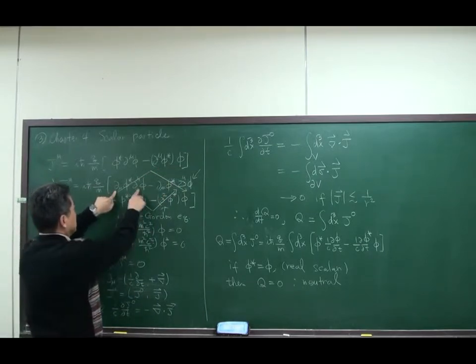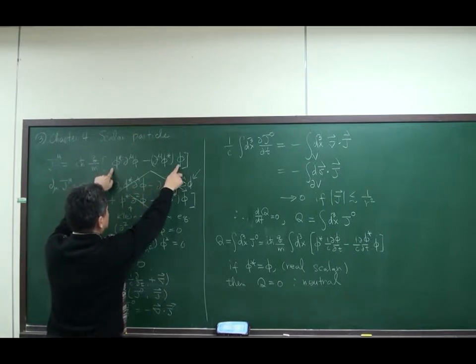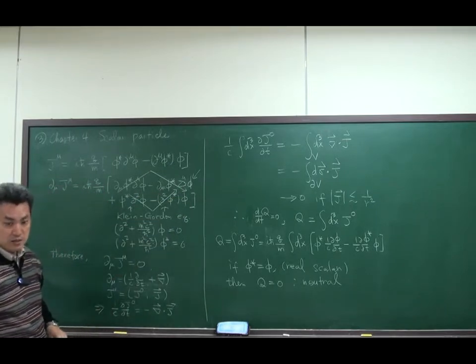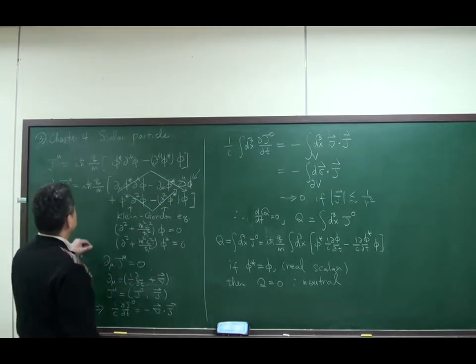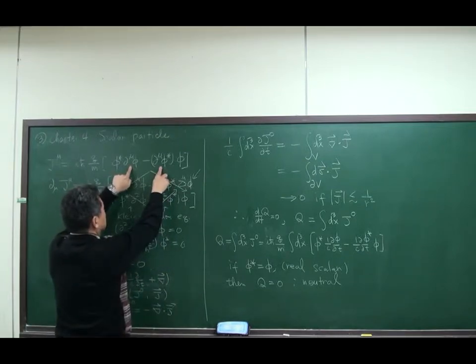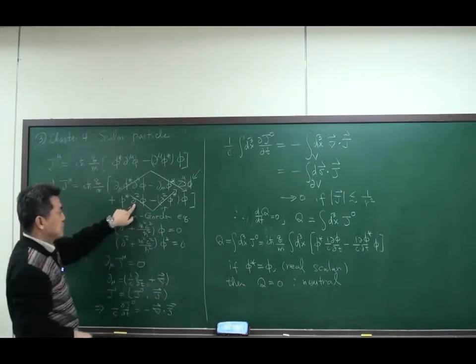There are products of single derivatives. If I take the derivative here and there, I have this term and this term. They are identical, so they cancel exactly. And there are two other contributions. If I take the derivative with respect to here and there, I have second order derivatives.